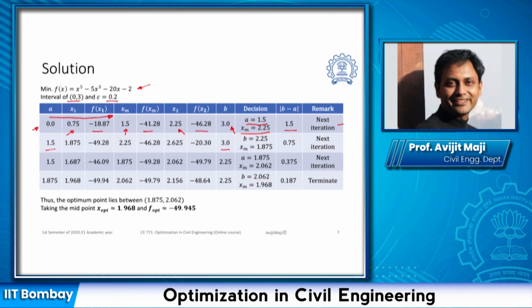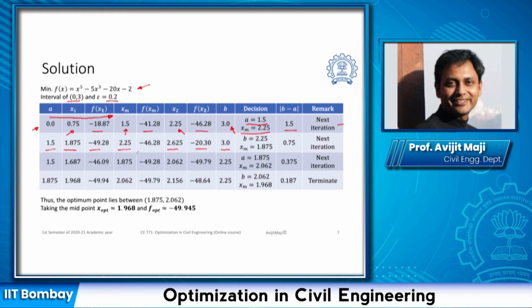So in the next iteration, as I said, my lower boundary is 1.5, my upper boundary is still 3.0, and the middle point we said 2.25, and we compute the first quarter point and the second quarter point, and then we find the function values at the first quarter point and the second quarter point.